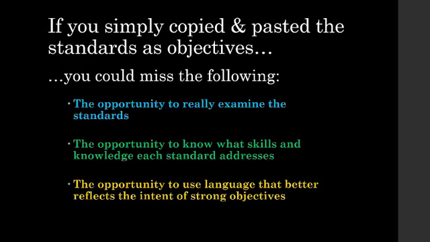We won't ever use the word understand when we write objectives, and we won't just phone it in and copy and paste the standards as our objectives. When I say phone it in, I mean take the easy way out, because we are being called on by the state, and we're being looked at by the nation, by the feds, if you will.